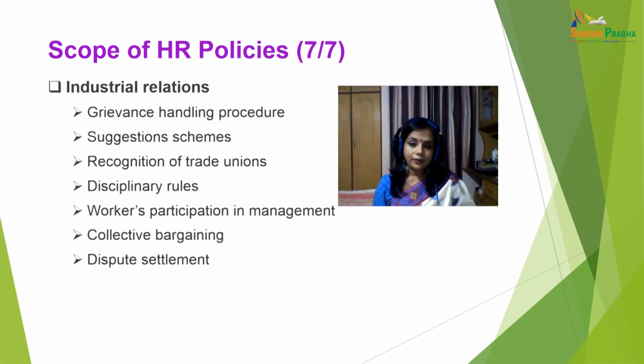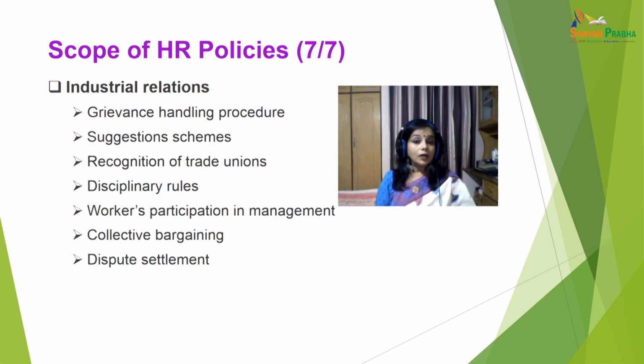Finally, the policies regarding industrial relations. Now, this is a very important area in the sense that, as we have discussed, many of the disputes many a time occur in different organizations, and grievances, if they are not handled on time, may become a dispute, and mandays will be lost, strikes and lockouts may happen.